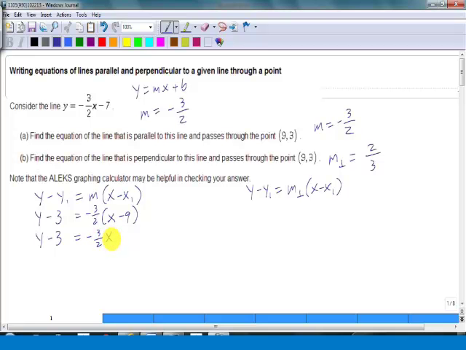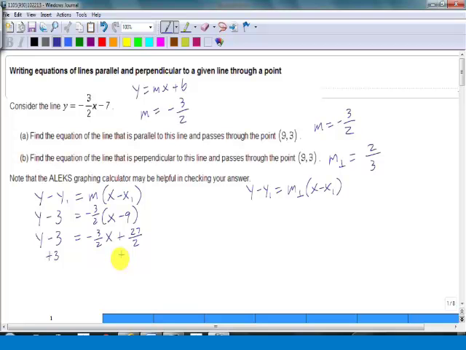We distribute the negative 3/2 across the parentheses. It's going to be negative 3/2 times x. Negative times negative is a positive. And it looks like a fraction, but I guess it'll be okay. 27/2. We multiply 3/2 by 9, we get 27/2. If we add 3 to the left-hand side, I want a common denominator.